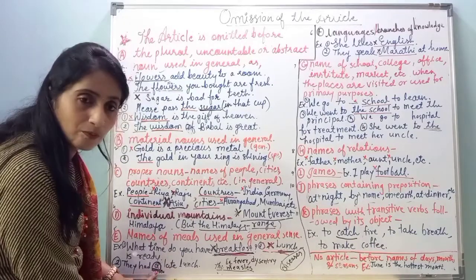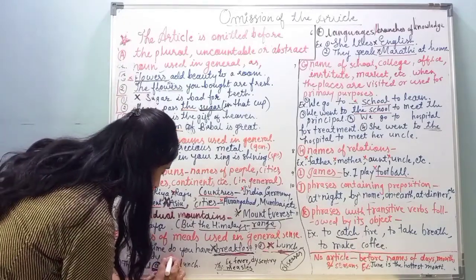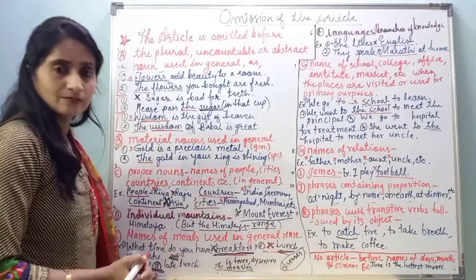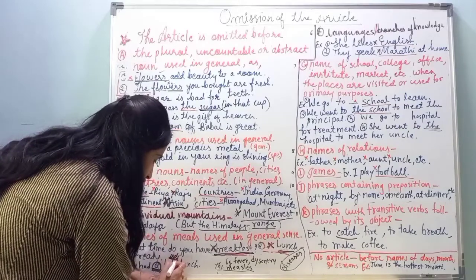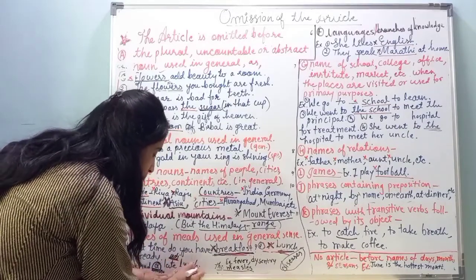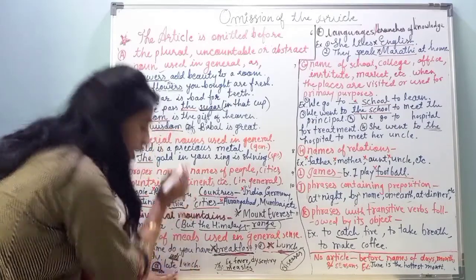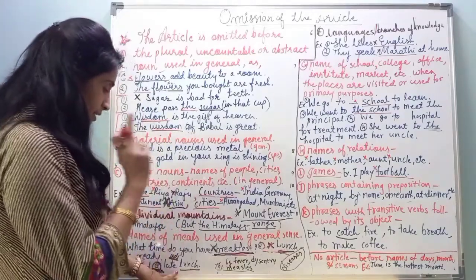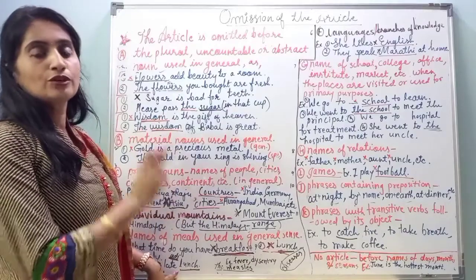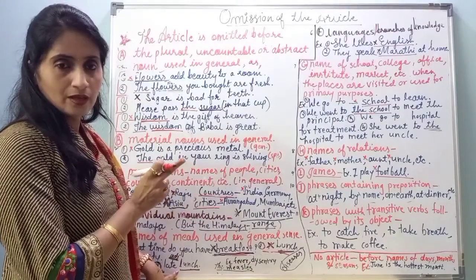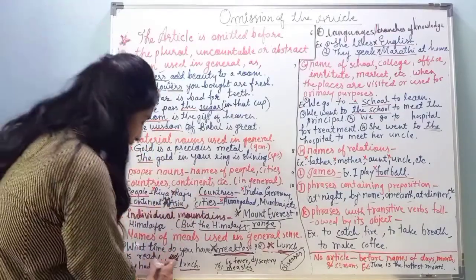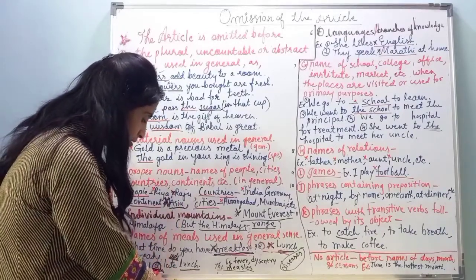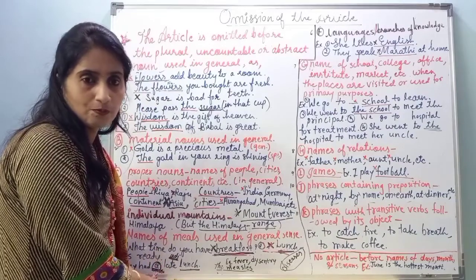Why is it so? Because late is an adjective. Okay? And this adjective has come before the noun lunch. Okay? If there is an adjective before the given noun, that time we can make use of the article a before that adjective.